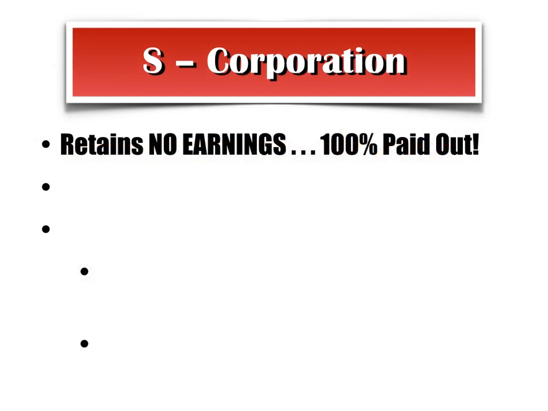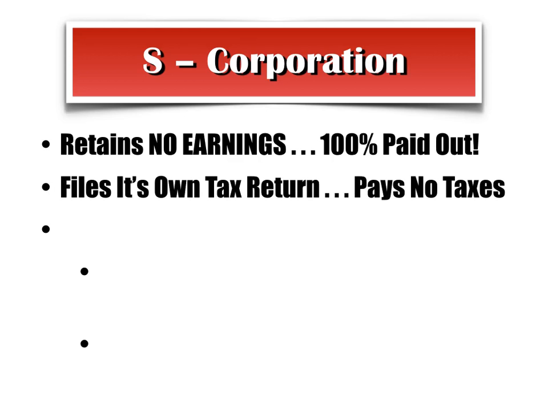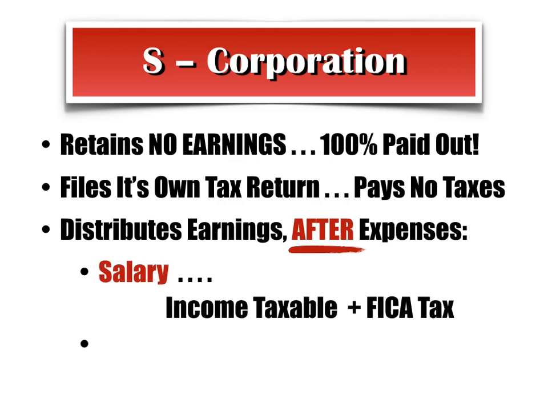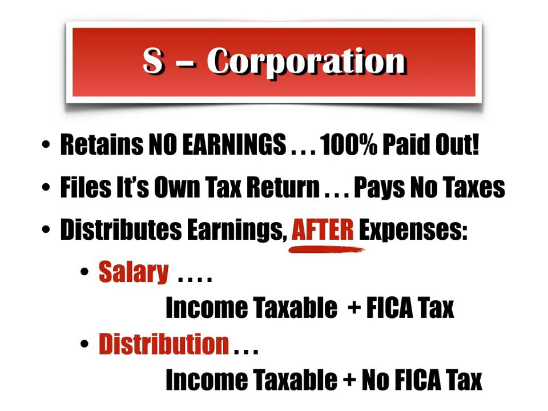Now, a couple of guidelines here. The S corporation retains no earnings. Everything it earns, net after expenses, has to be paid out. For that reason, while it does file a tax return, it pays no income tax itself. It distributes the earnings it has after expenses to you, the owner, in the form of a salary, which is doubly taxable for both income tax and Social Security purposes, and possibly a distribution, which would be only taxable as income, not for Social Security.